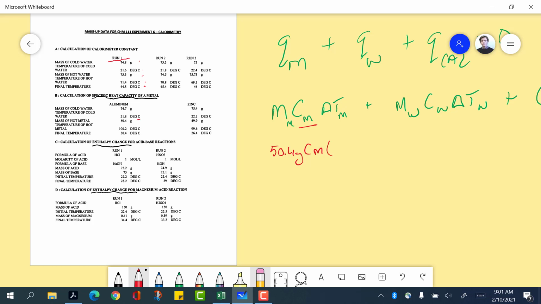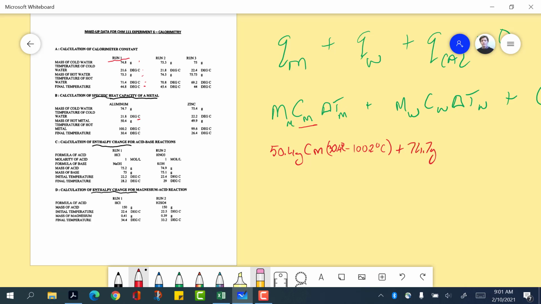The change in temperature of the metal is going to be the temperature of the hot metal, that's the initial one, 100.2, and the final temperature is going to be 30.4 degrees Celsius. Sorry, there we go. And the mass of the water, that's the heat sink there, 74.7 grams.